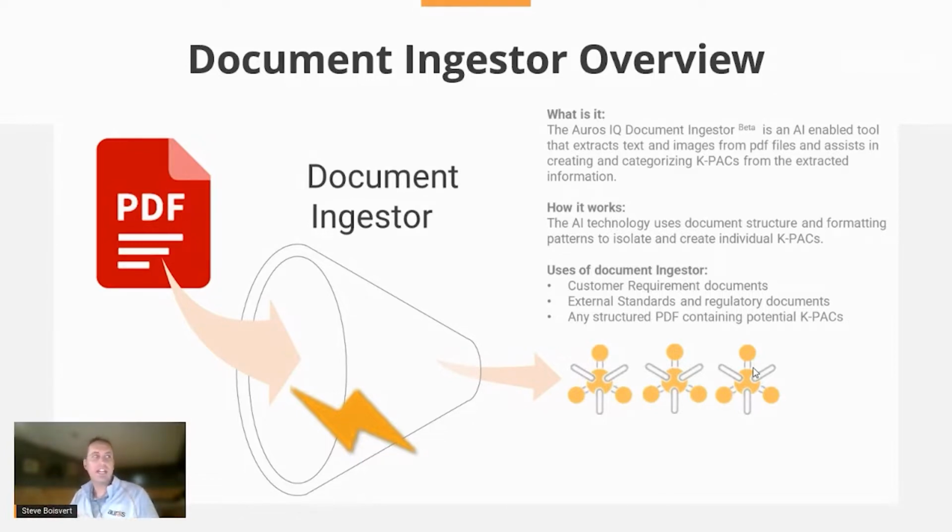And then we also had another use case where a particular group was being delivered PDF files for external standards like MIL standards or regulatory standards that they needed to incorporate into their knowledge repository and make sure they're compliant to. But again, these were huge documents, so we needed a way that we could systematically decompose a document and generate knowledge packets. And from that, we created the document ingester.